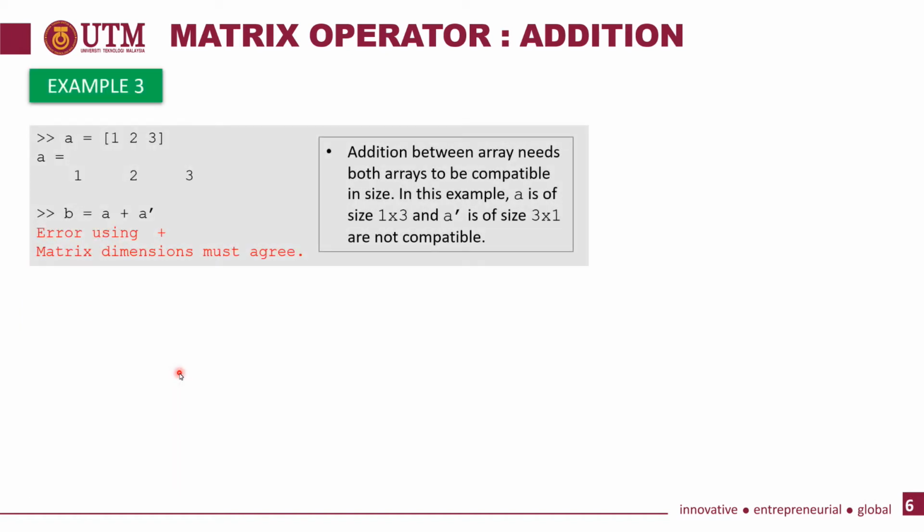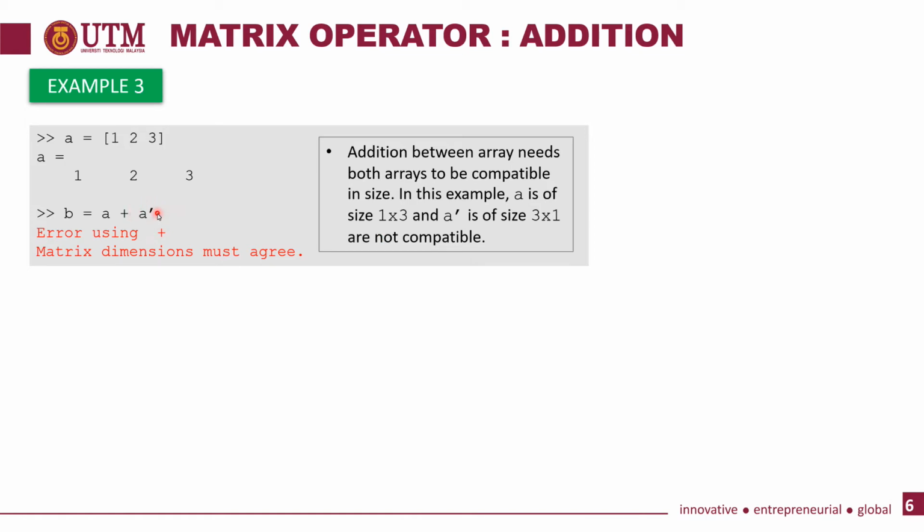Next is the addition of two different matrix sizes. Addition between arrays needs both arrays to be compatible in size. In this example, A is of size 1 by 3 and A transpose is of size 3 by 1, so they are not compatible. I'm sure you already know how to do a transpose, right?